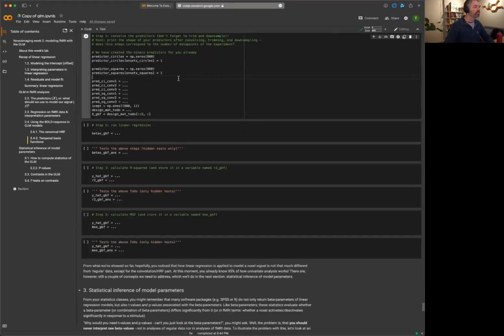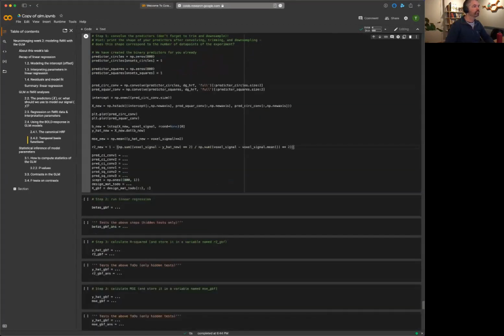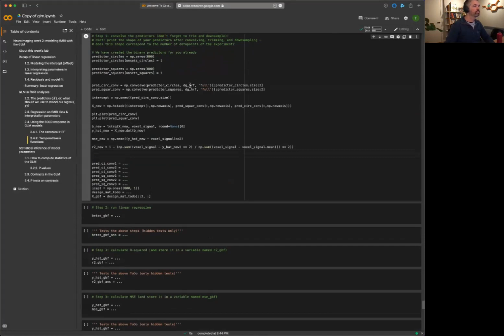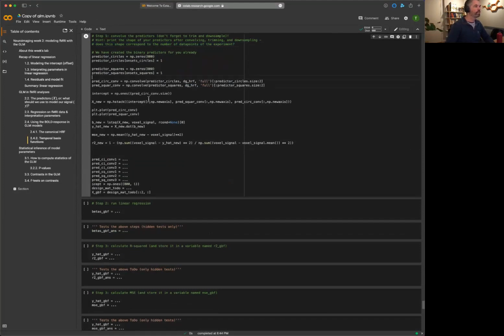Yeah, so here we are. Here we have a difference of gamma HRF, but we want to use circle conv 3.